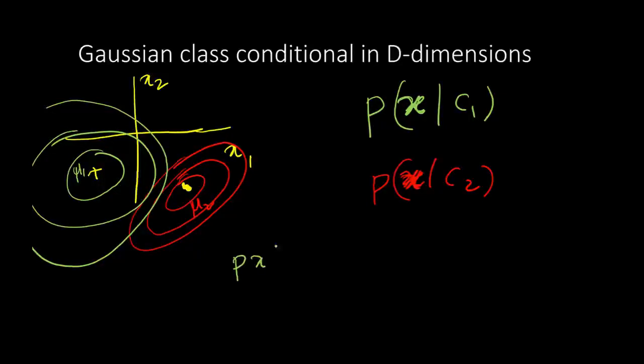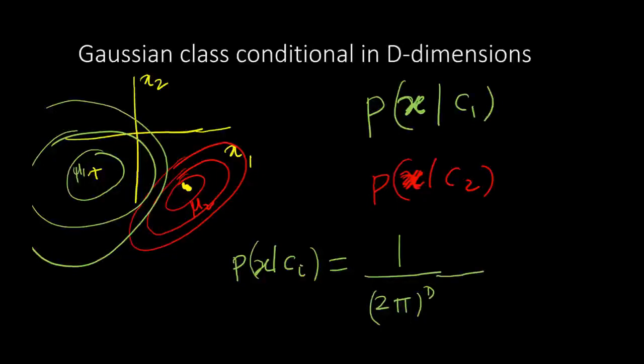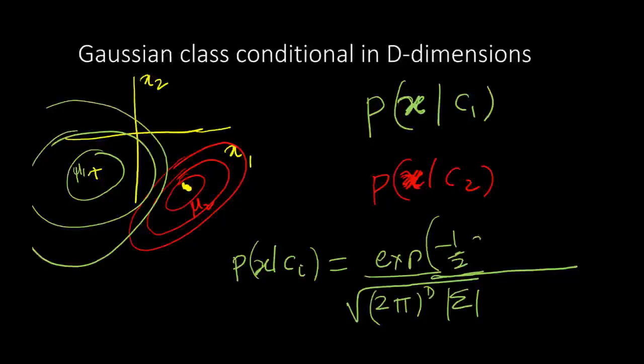P of x given Ci, i could be 1 or 2, is going to be, and I'm going to do this in d dimensions, one over the square root of 2 pi to the power d times the determinant of the covariance matrix, and then we will have exp, and let me put it here in the numerator, exp of minus half x minus mu i, or let's use j for class and i for sample point.